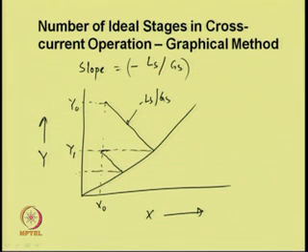So, this will give again y2 and from this we can obtain y3. So, this will be x3, this will be x2 and this will be x1. So, this way we can obtain the number of stages required in case of cross current operations.